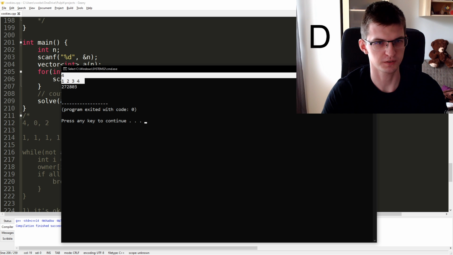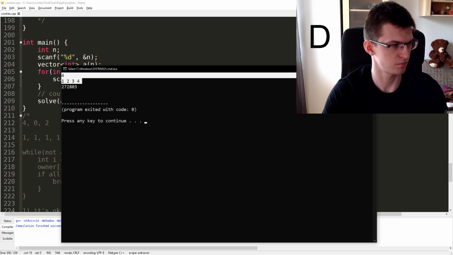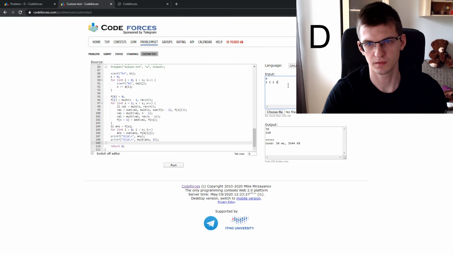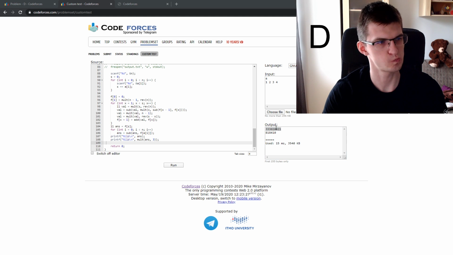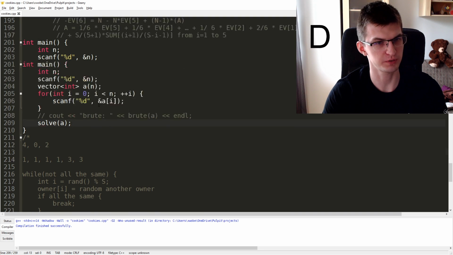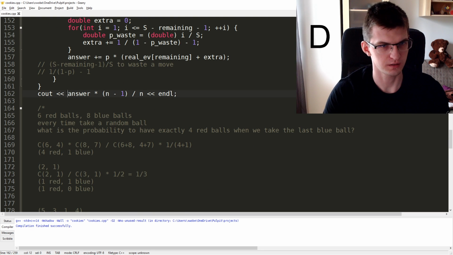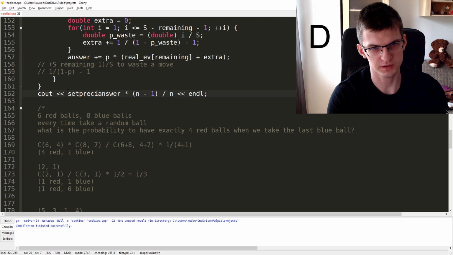Is that an integer? That's surprising. That's not an integer. Does it mean my answer is bad? Or maybe I'm not printing it precisely enough. What about that? Set precision 20, fixed.